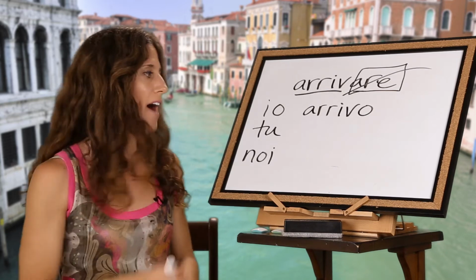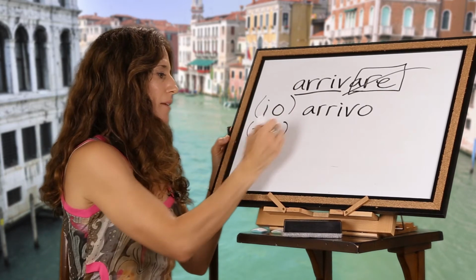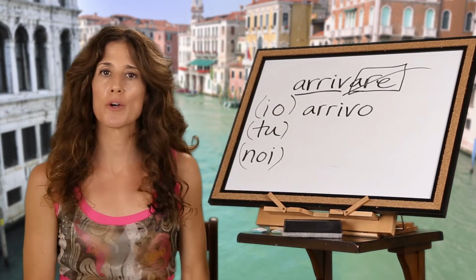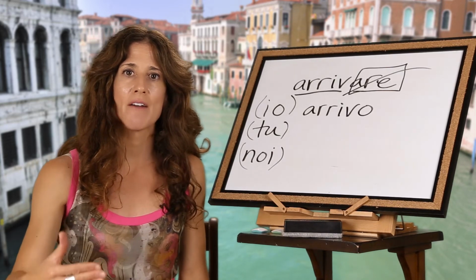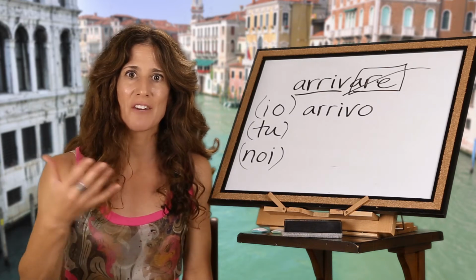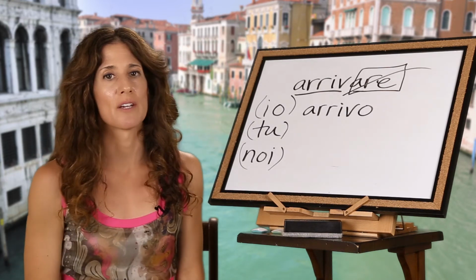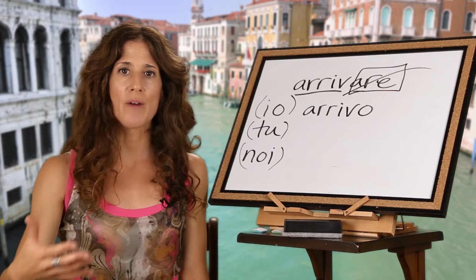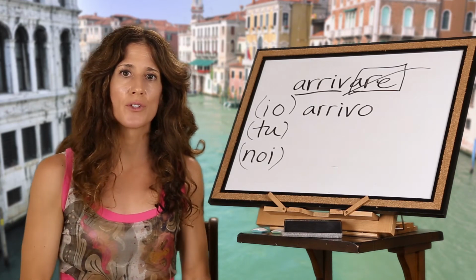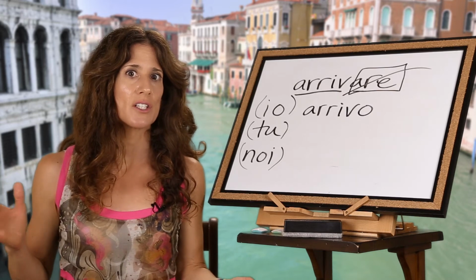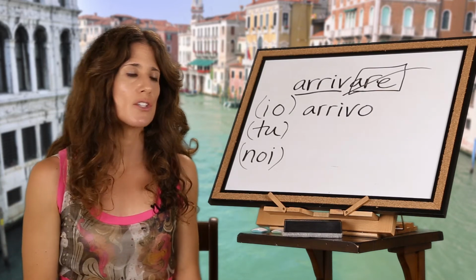Arrivo. You don't have to use any of these subject pronouns when you say the verb conjugation, because when you say arrivo, you're saying I arrive. You could be saying I arrive, I am arriving, or I do arrive. So it's a lot more broad than in English, and it's like this for each of the conjugations.